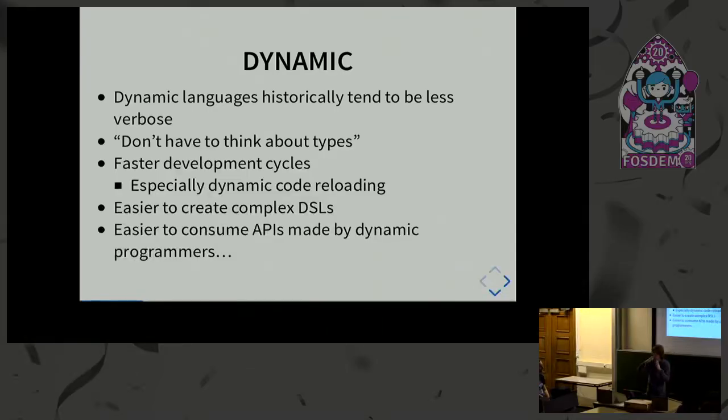It's hard to create types for those JSON objects if you haven't thought about the types beforehand. And in the dynamic languages, obviously you don't have to think so much about the types, and it can make it harder to do.